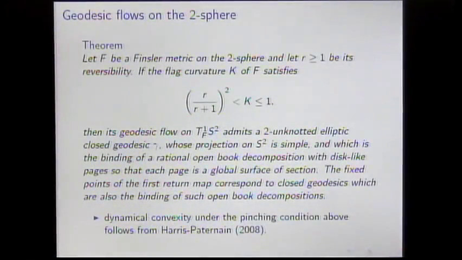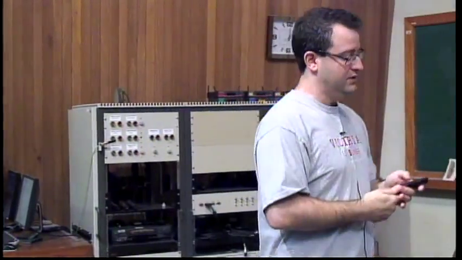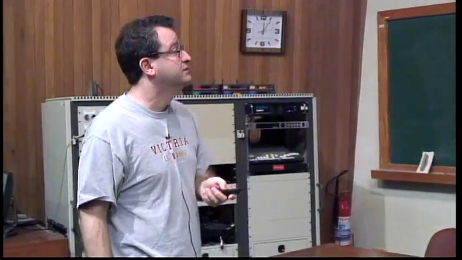Of course, the part of the proof that is new here is the existence of the open book decomposition, and the second orbit that he obtains, because with this pinching condition, Rademacher also obtains a second closed geodesic. In our case, you can say that it forms a Hopf link with the elliptic one. This would be extra information about Rademacher's result.